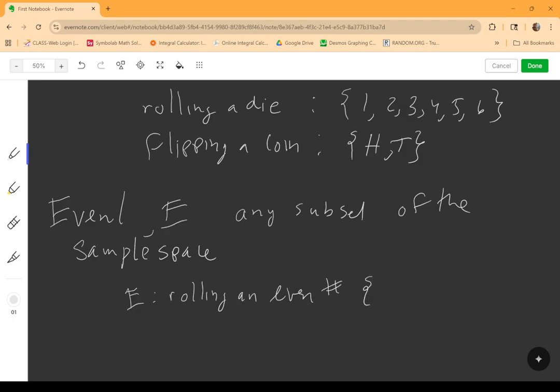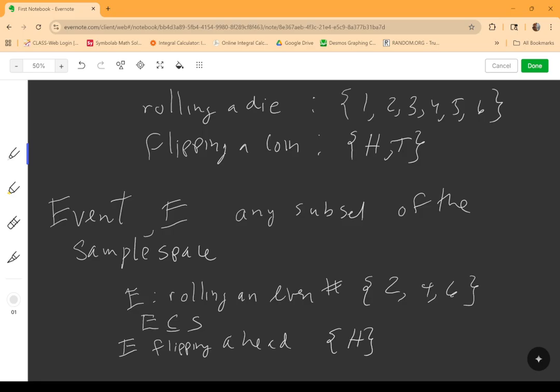The event consists of 2, 4, 6, a subset of S. Or let's say the event E was flipping a head, in which case it is H.